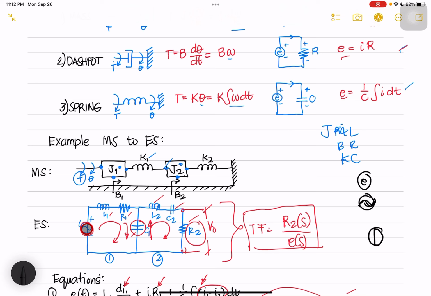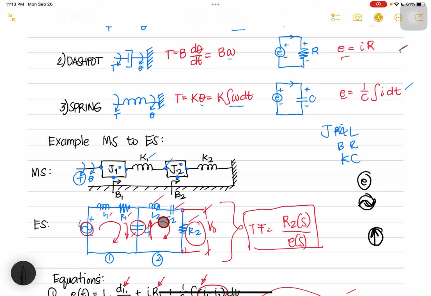Kapag naman current, ganyan. Okay? Then, ano-ano ba? Yung J will be equivalent to L. So, L1. J1, L1. Ano pa yung connected lang sa J1? B. B1. Okay? So, we have R1. Sa kanya lang kasi connected. And then, sa gitna ng loop 1 and loop 2, we have this K1. Okay? K1, katumbas ng K is C. C1, right? And then, wala nang connected sa kanilang dalawa.